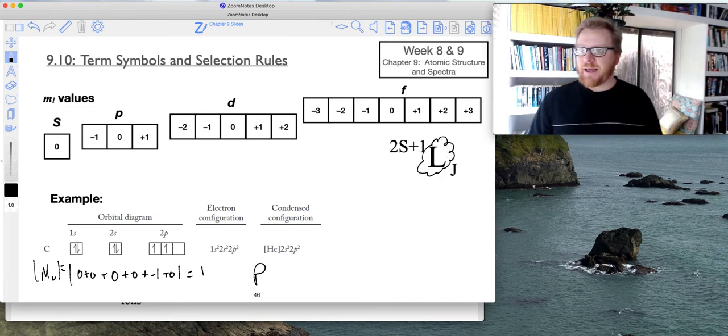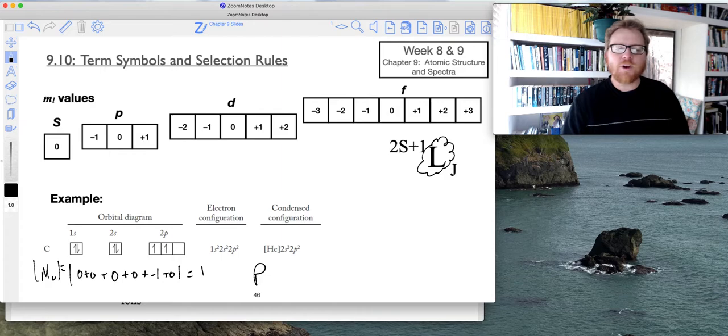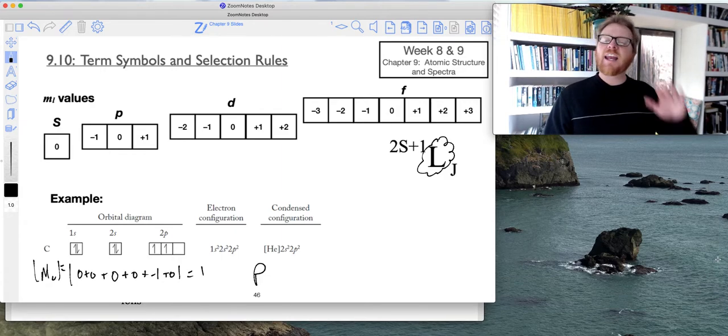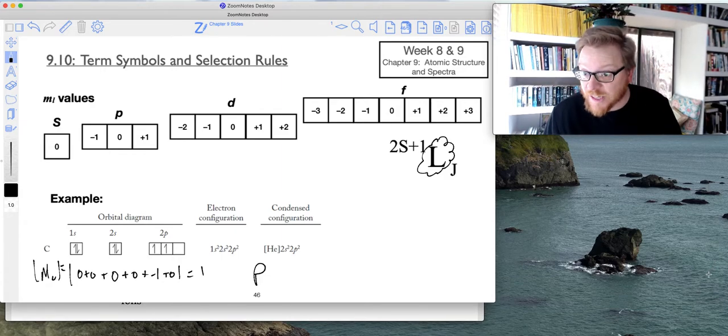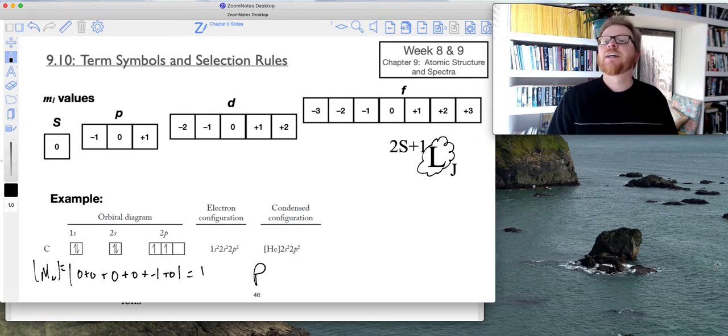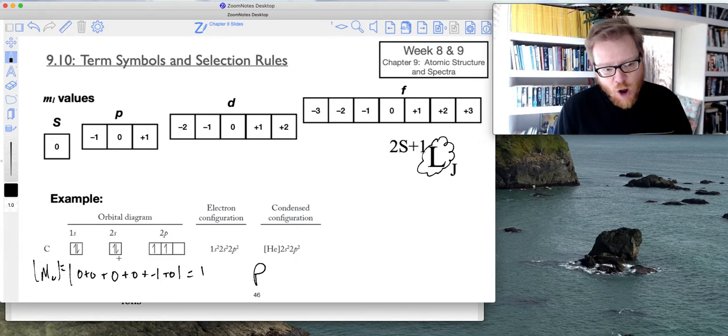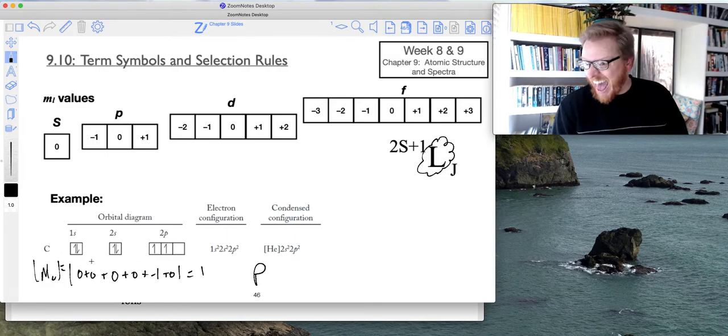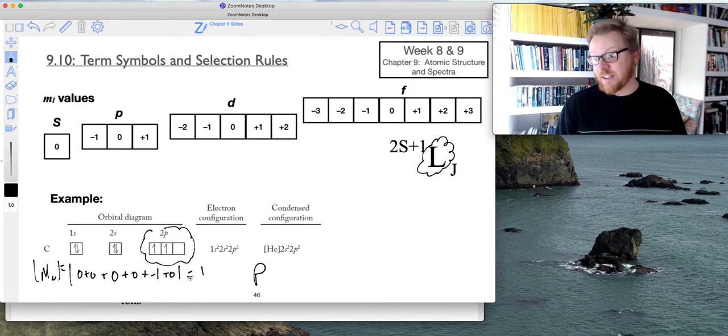So we're just going to use the letter P. And so what's important to note here, we can often ignore the core electrons, the closed shells and closed subshells. Because you note that they all, especially if it's S, are going to cancel out. So we can often just look at the valence electrons to get the correct term symbol. All right? Okay, so let's move on to the next terms.